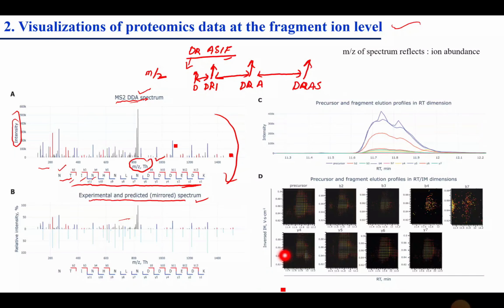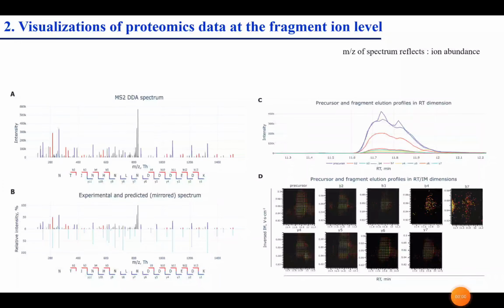As we know, it is possible to collect the intensity of peaks in the form of their ions. So here we change the spectrum according to relative intensity, and we know that the mass to charge spectrum also reflects ion abundance. After we achieve the mass to charge spectrum reflecting the ion abundance, we get the ion profile in the form of these peaks.